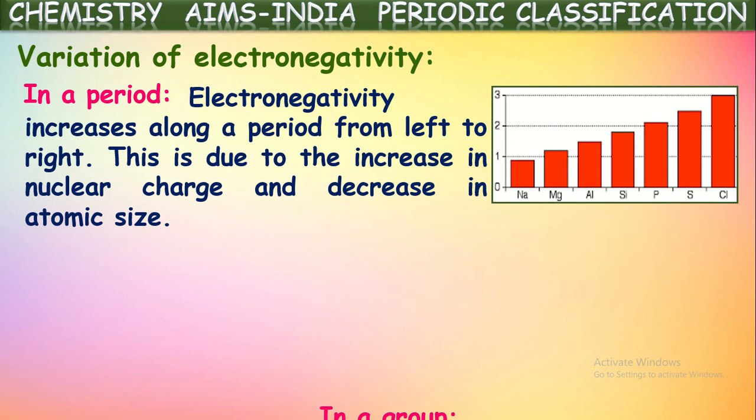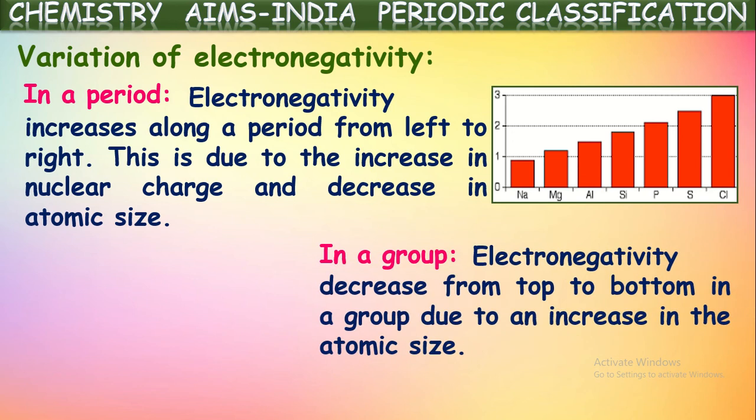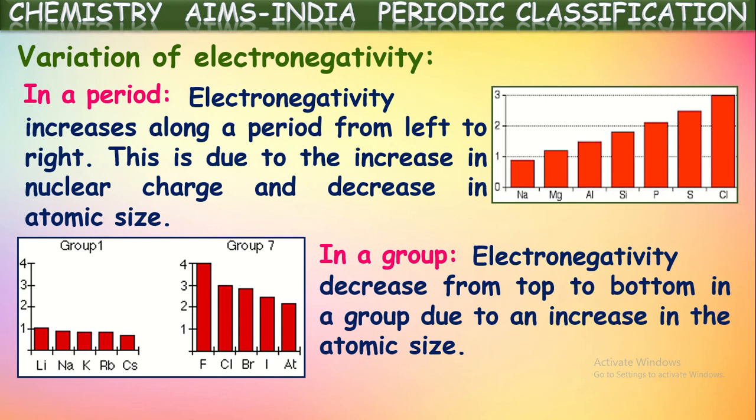What happens in the case of a group? Electronegativity decreases from top to bottom in a group due to the increase in atomic size. We know that in a group from top to bottom, size increases. As size increases, the tendency of pulling the electron pair decreases, and hence electronegativity decreases. See here the first group elements, lithium to cesium.